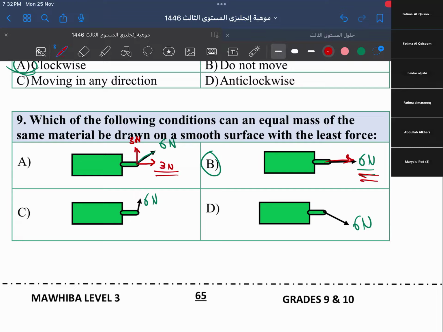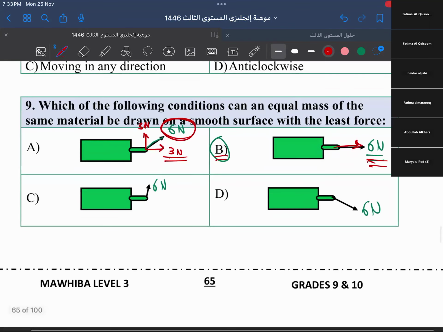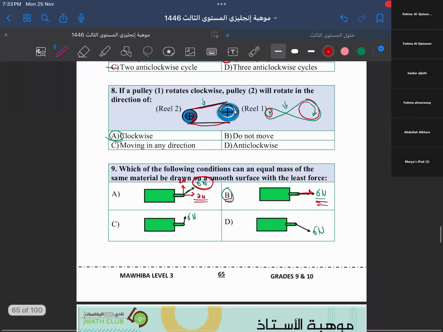The 6 Newton. The 6 Newton, yes. If I want this to be the same as this one, I'm going to need much more original force. This 6 Newton should be more so that I can have an effect. Okay. So is it clear, guys? All of you, is it clear? Yes. Okay.